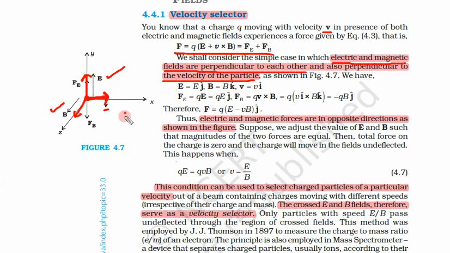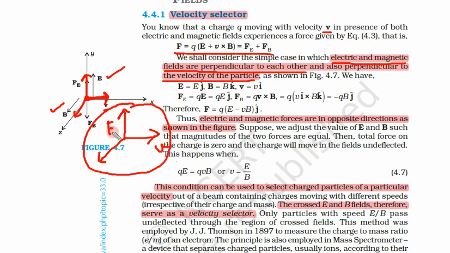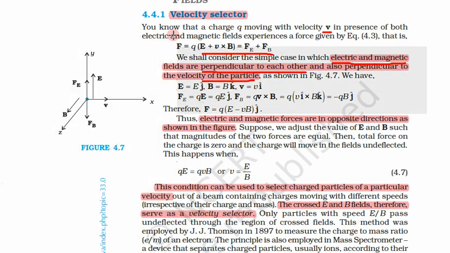So the electric field is in the z direction, the magnetic field in the y direction, and the particle is moving in the x direction. All three are perpendicular to each other: this is v, this is E and this is B. Okay, so let us see what will happen in this case.